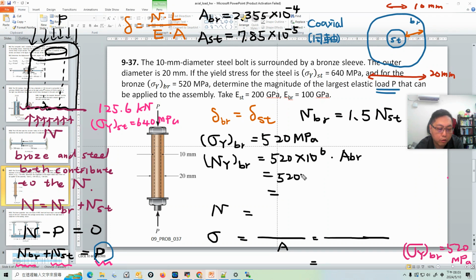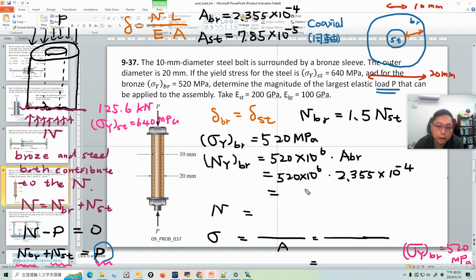The area for the bronze, I think we have calculated this before. Did I calculate it right? Okay, bronze is 2.355 times 10 to the power minus 4.